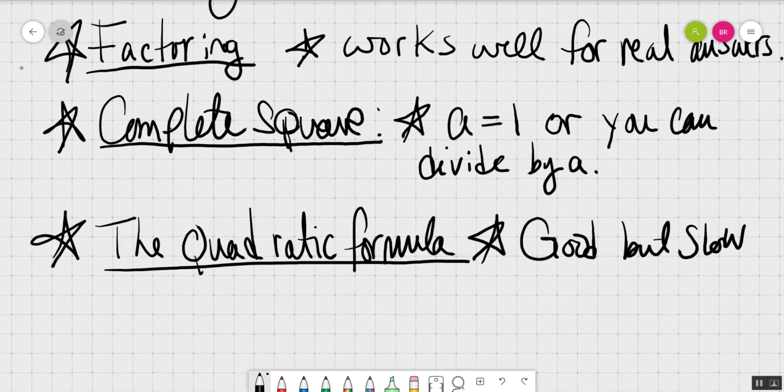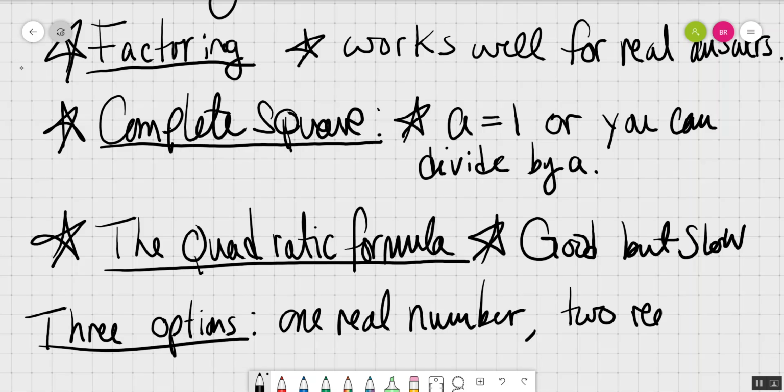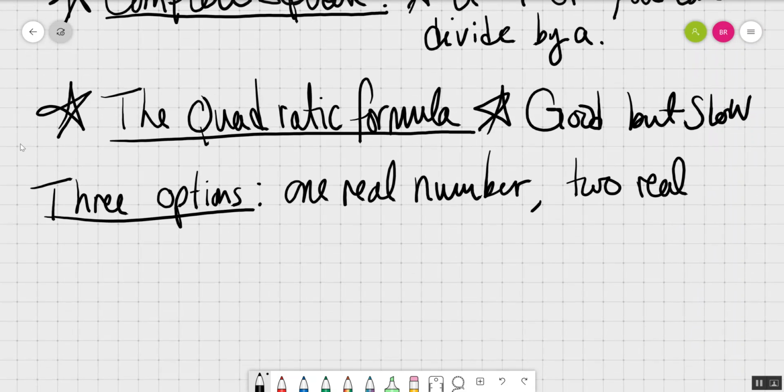The other thing I would warn you about is there are 3 options for solutions. You could end up with 1 real number, 2 real numbers, or 2 complex numbers.